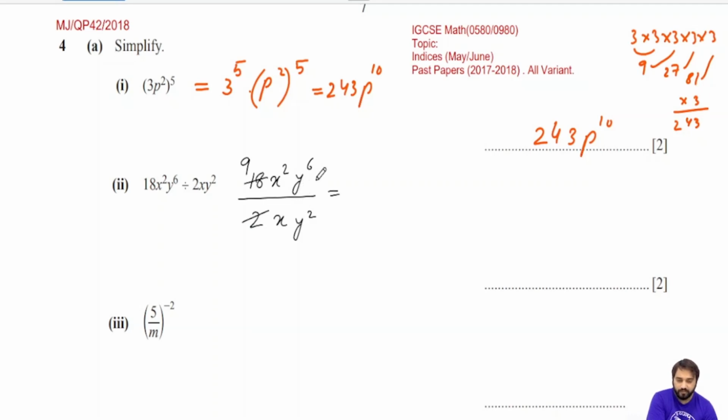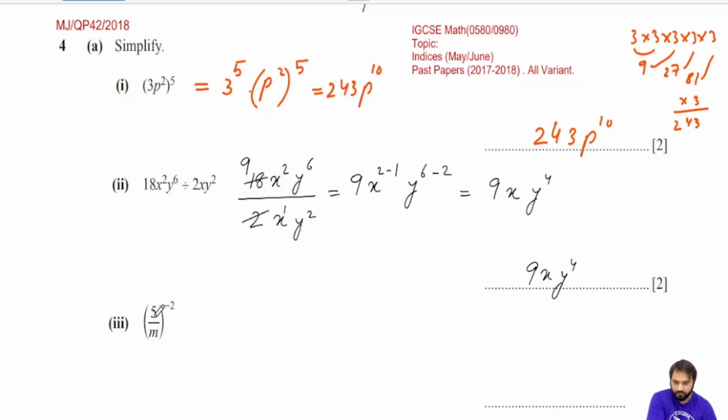We have to apply the base rules. 9x raised to power 2 minus 1, the power of this x is 1, and y raised to power 6 minus 2. So we have 9x, 2 minus 1, that is 1, and 6 minus 2, that is 4. So 9x y raised to power 4 is the answer to this question.